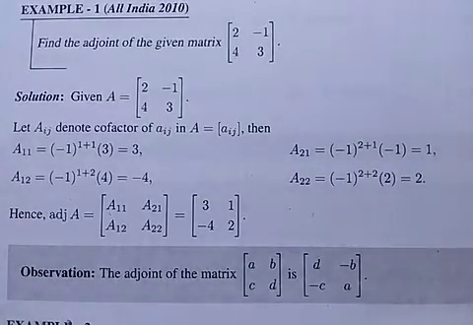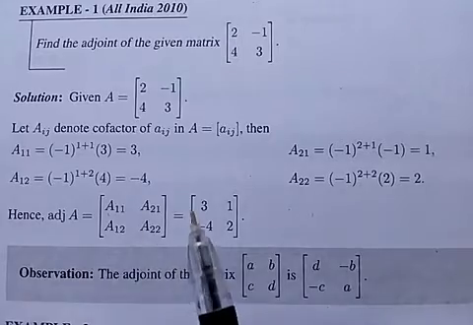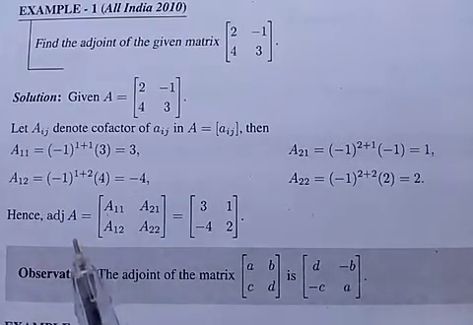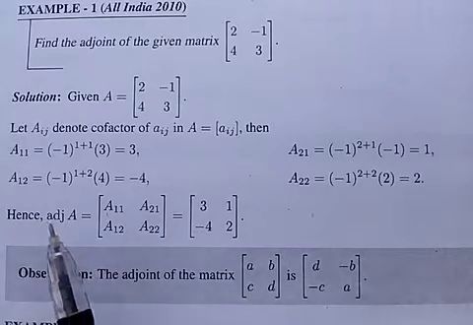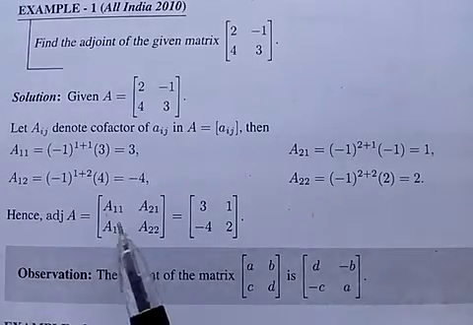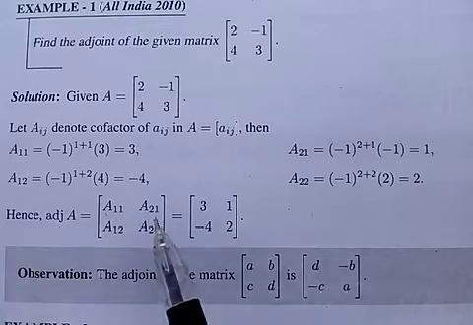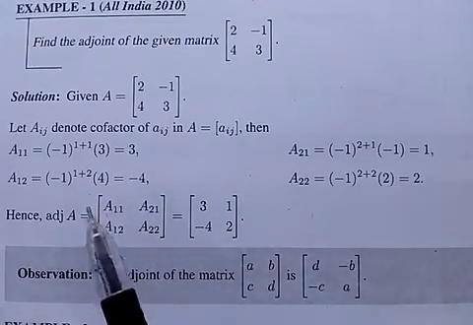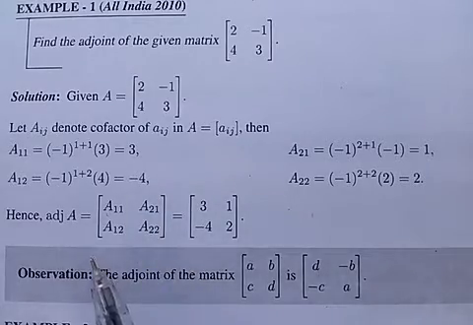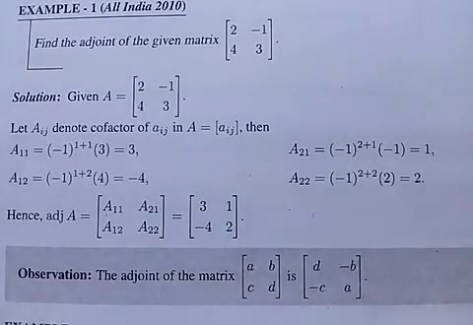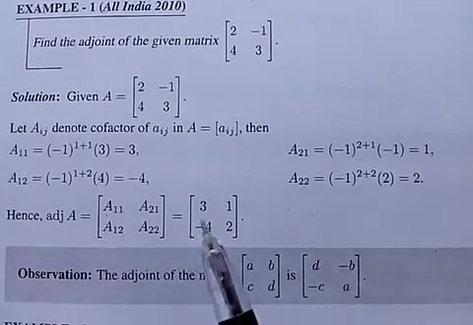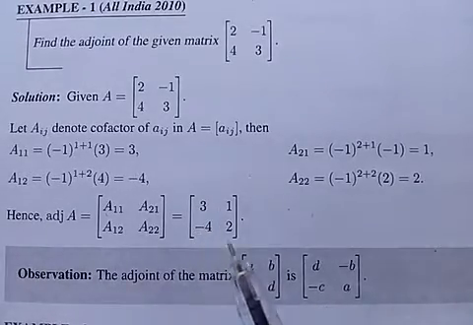We can form a matrix after arranging the cofactors. Then the transpose of the matrix obtained by cofactors, we can write adjoint of A equals A11 A21. This is the transpose of the matrix obtained by cofactors. Then we substitute the values of the cofactors. Adjoint of A equals 3 1 minus 4 2.